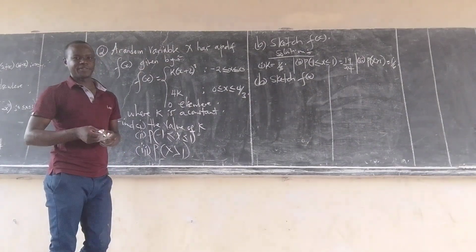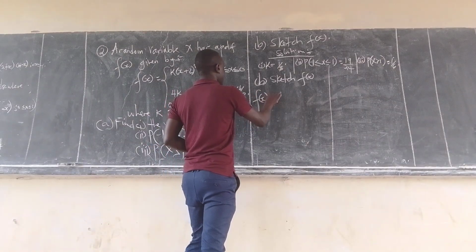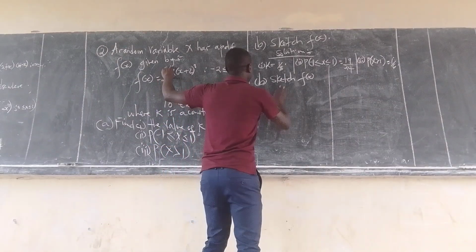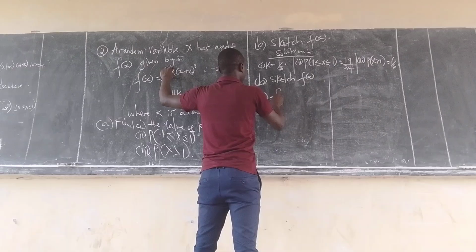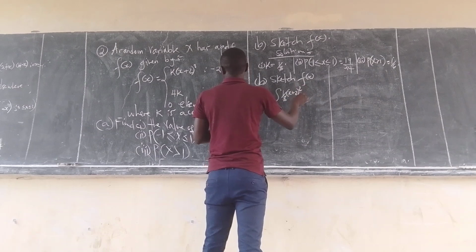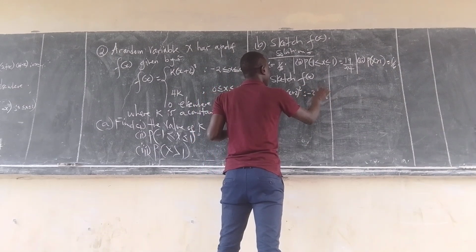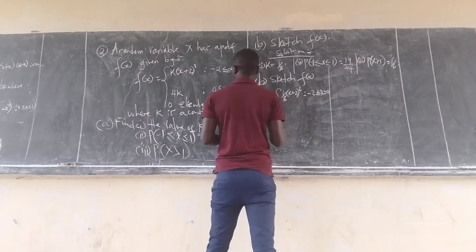So I will first redefine my PDF. Our f of x is 1 over 8 into x plus 2 squared. This is when x lies between negative 2 and 0.